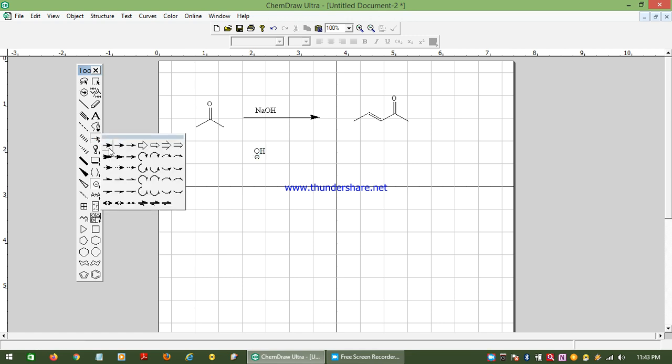Now you can have an arrow, you will have attack of this OH. To show the attack, okay, here we want to write the hydrogens.